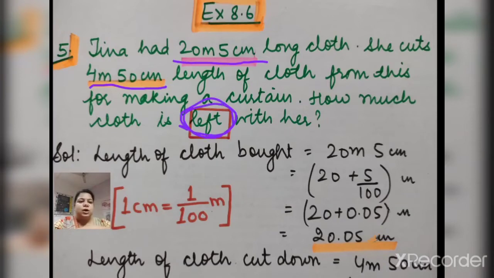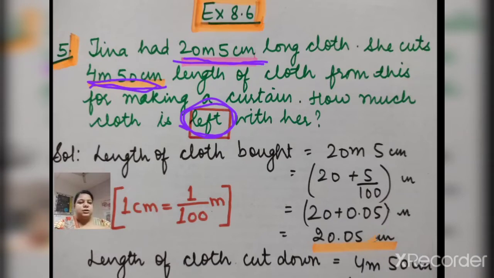So to find out how much cloth is left with her, you can think about it. What will we do for this? We have to subtract the two lengths, right? So from the total length of the cloth we have to subtract the length of cloth which was cut from it, right? So first of all we have to convert it into meters.